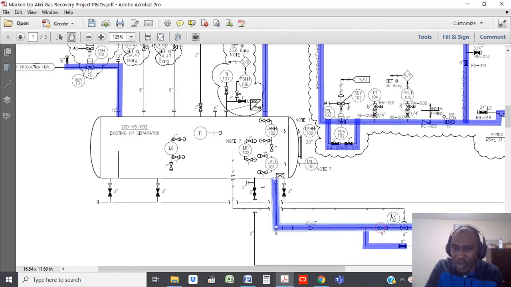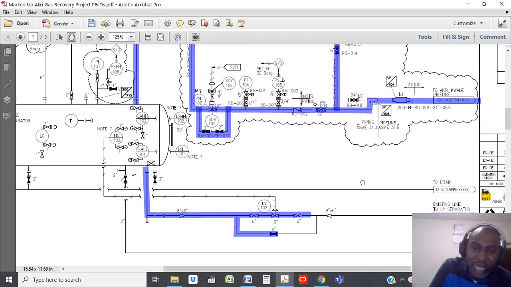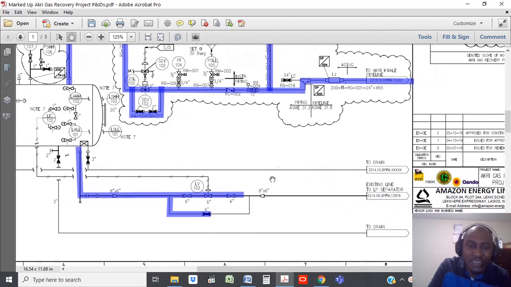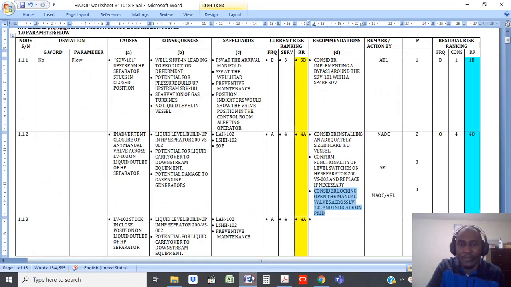You could lock these manual valves open with a physical device, which we call a LOTO system, lockout tagout, so that no one mistakenly goes there and closes them. To operate them, you'd have to get a PTW, a permit to work, from your supervisor. So that's a protection in place.